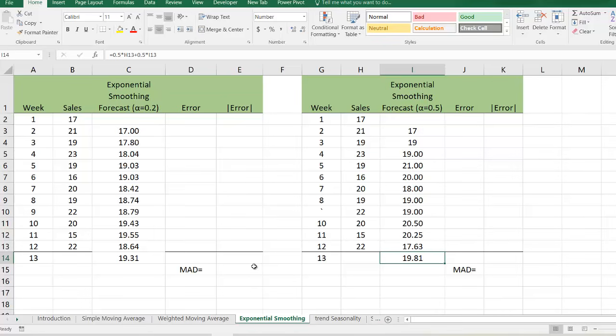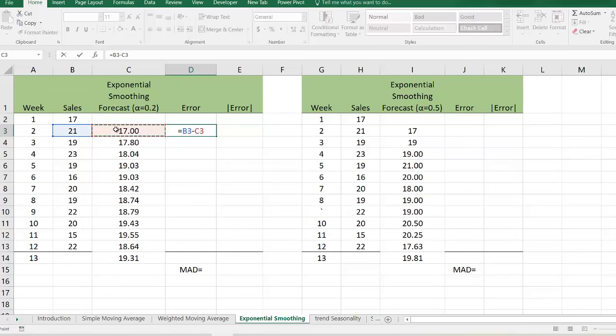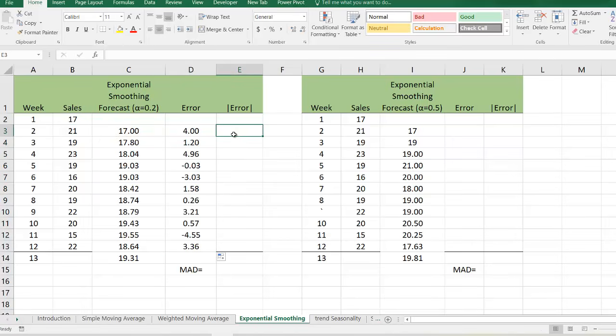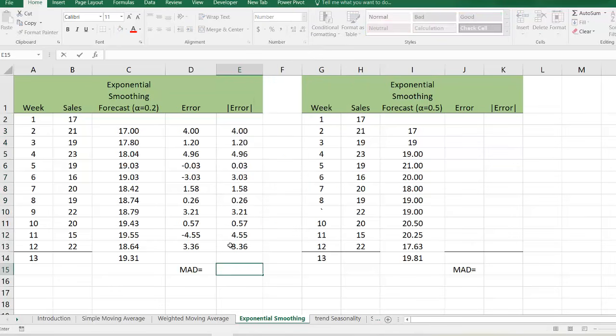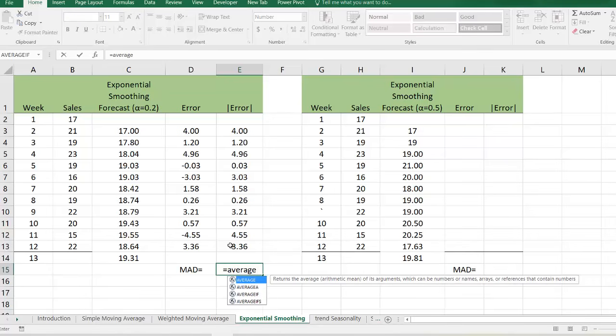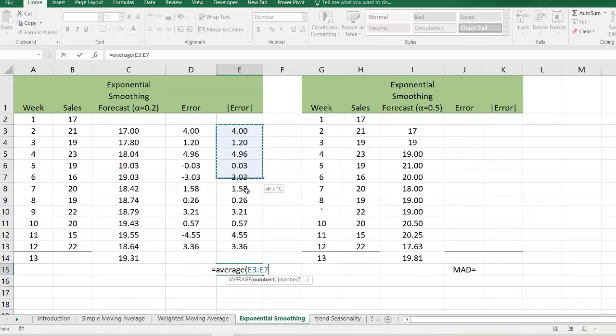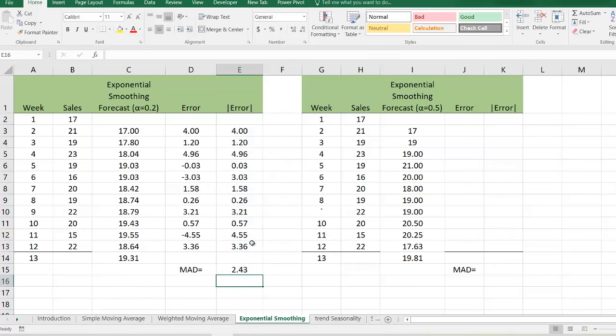If we're going to compare the accuracy of each forecast using different values of alpha, we compute their corresponding MAD. The MAD for alpha equal to 0.2 is 2.43.